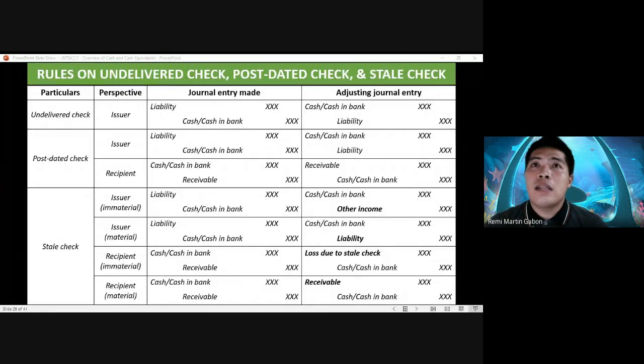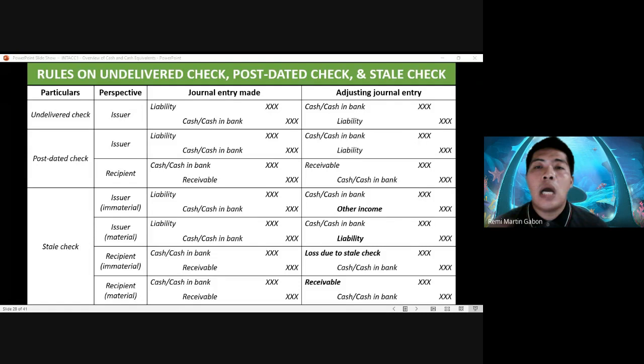If you're applying for Dean's List, 1.5 will differ with 1.51, will differ with 1.501, 1.509. Even the slightest difference will hinder you from qualifying for Dean's List. 1.5 could let you qualify. But how about 1.51? 1.509? Nagets? So materiality, again, is on the professional judgment.